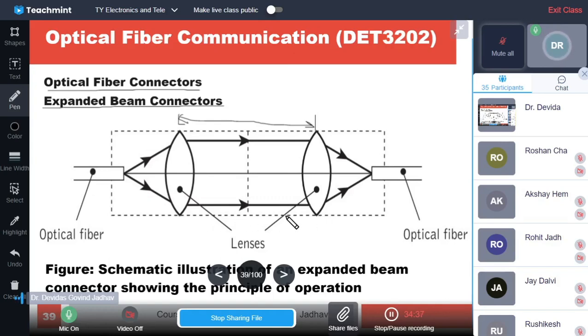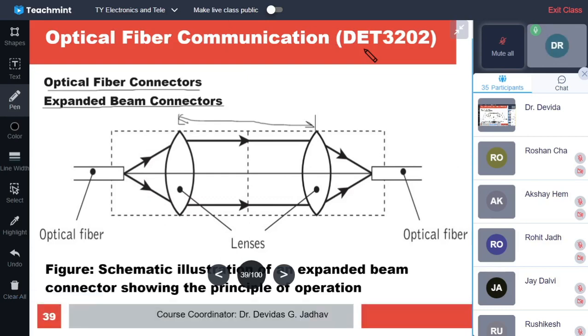So this distance allows alignment, and there are no stringent lateral and longitudinal alignment issues here. Lateral and longitudinal alignment are otherwise stringent requirements of maintaining the fiber laterally and longitudinally.